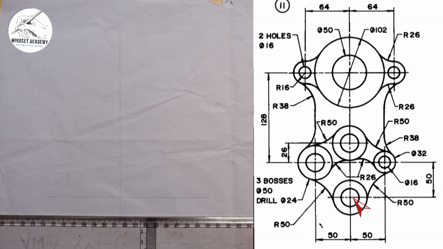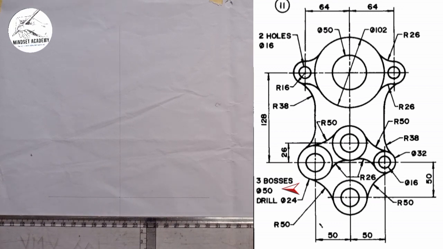Now, what is the diameter of the circle? It is 50 millimeter diameter. For you to draw the circle, you need a radius, and the radius of this circle is 25. Now, we would have used 25 directly, but since we are drawing half full size, we have to divide that 25 by 2. That will give us 12.5.